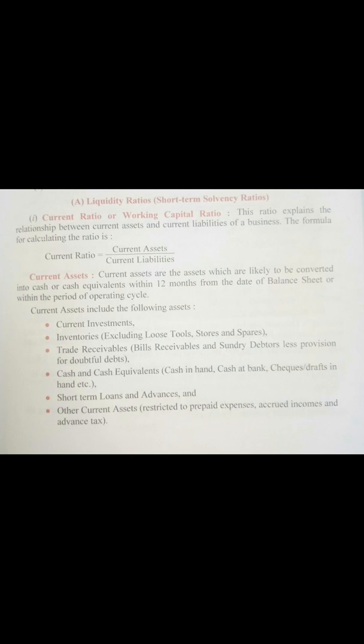Next thing which is to be included is short term loans and advances and other current assets, just like prepaid expenses, accrued income and advance tax. All these are the current assets which are to be included while calculating current ratio.